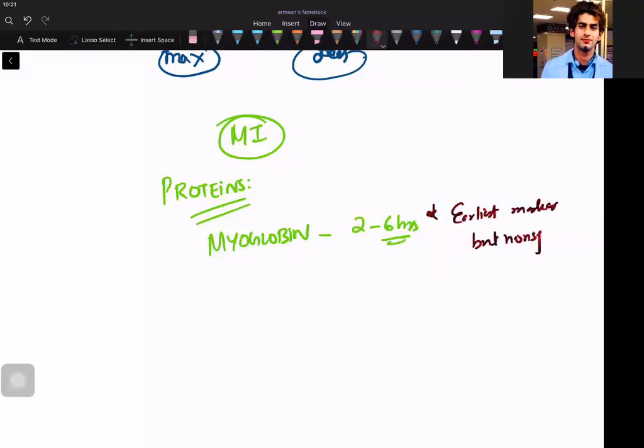Isn't it non-specific? Yes, sir. Muscle has myoglobin, but skeletal muscle also has myoglobin. So it's not that only the heart is damaged. Maybe some other cell may also be damaged, but it is the earliest marker. That's why we are saying non-specific. Now there should be something specific.